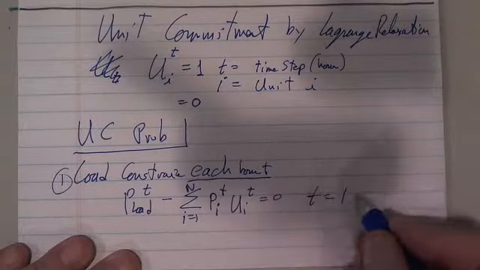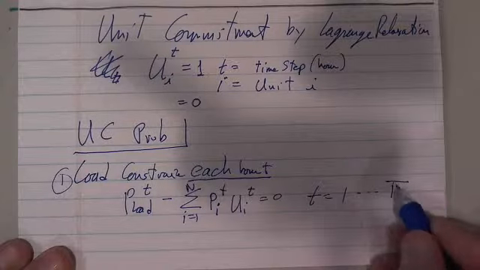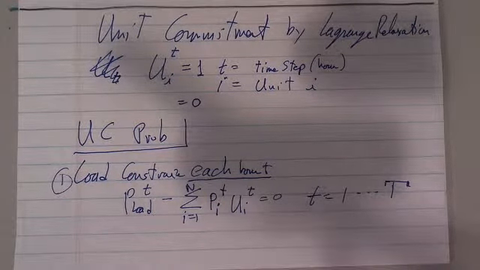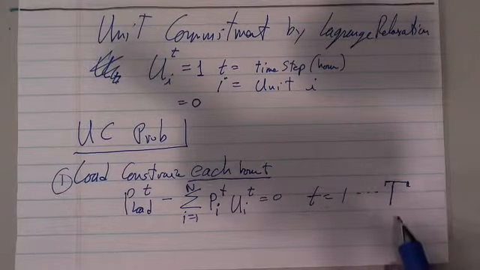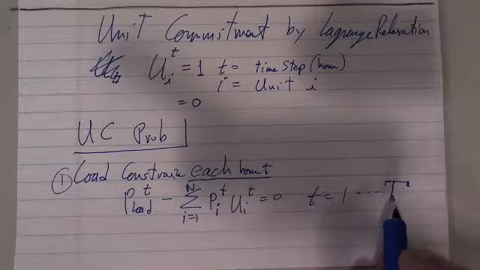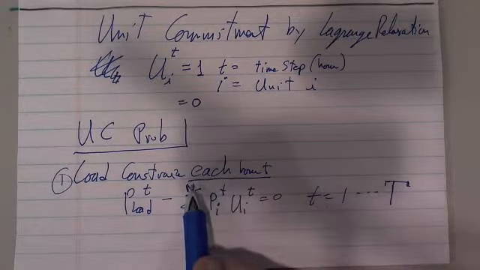So you go t equals 1, and we use a capital T. If you see earlier editions of the book, you'll find the main numbers were capitals with subscripts, and it just got to be too messy. So we said, okay, T is the number of time steps, N is the number of units.